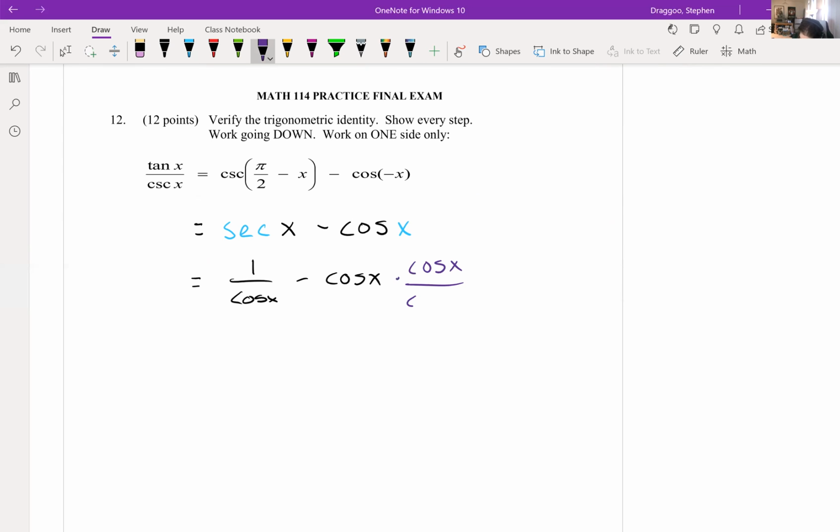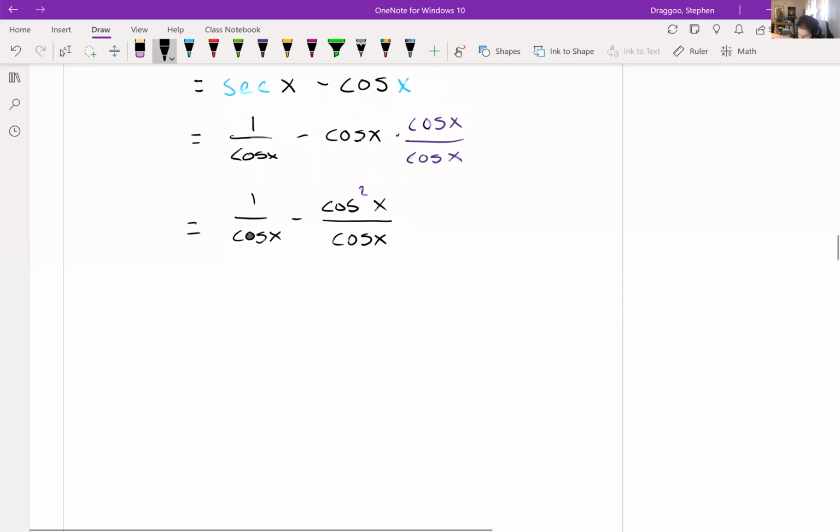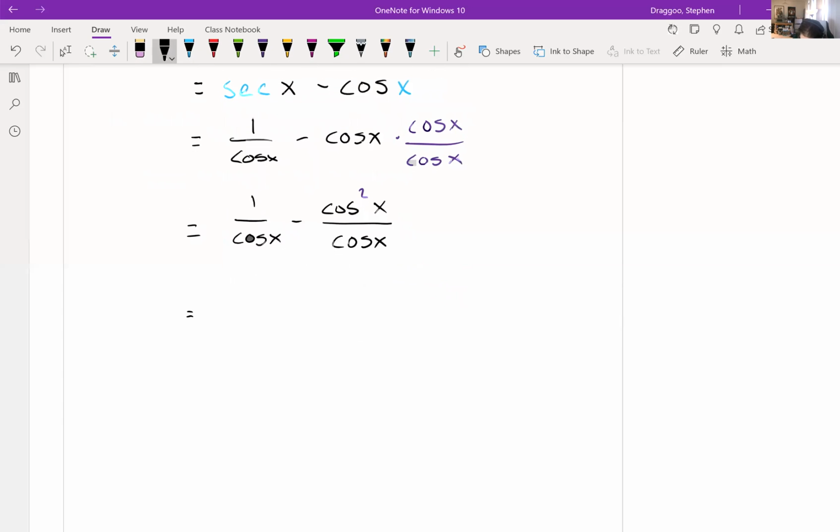So I'm going to multiply the right piece by cosine over cosine, which will give me 1 over cosine x minus cosine squared x over cosine x, which is 1 minus cosine squared over cosine.